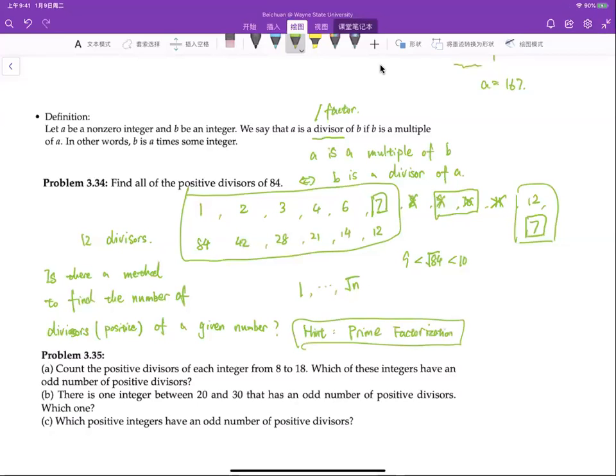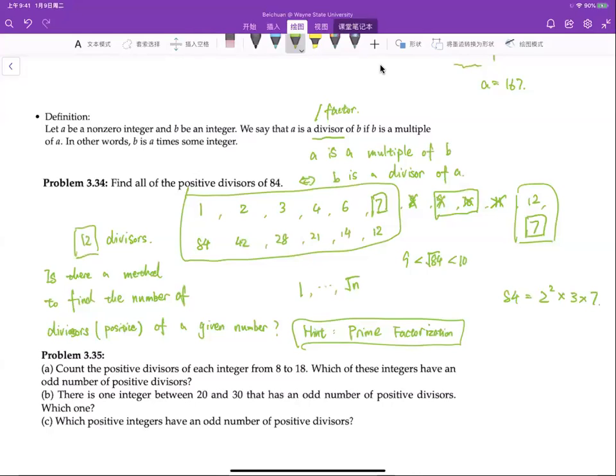For example, if you know that the prime factorization of 84 is 2 squared times 3 times 7, then how can you obtain the number 12?